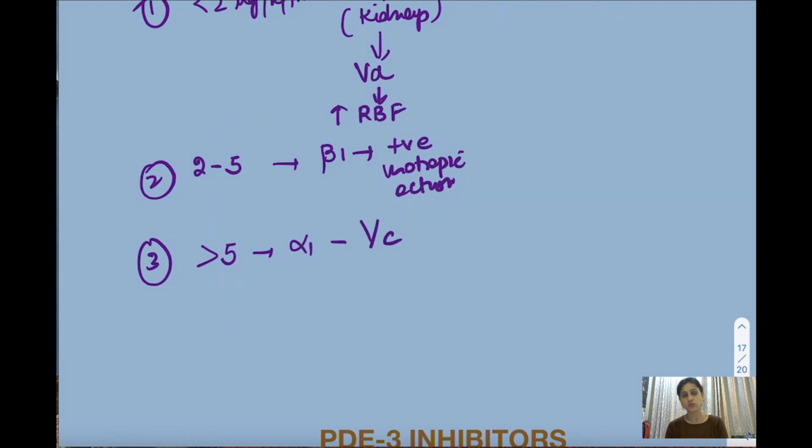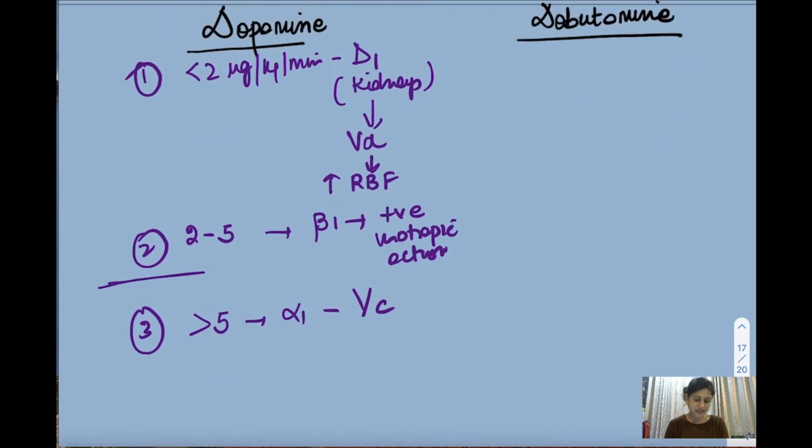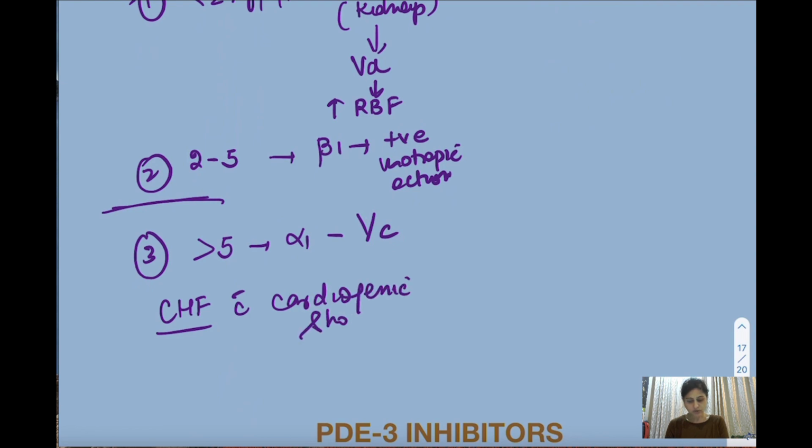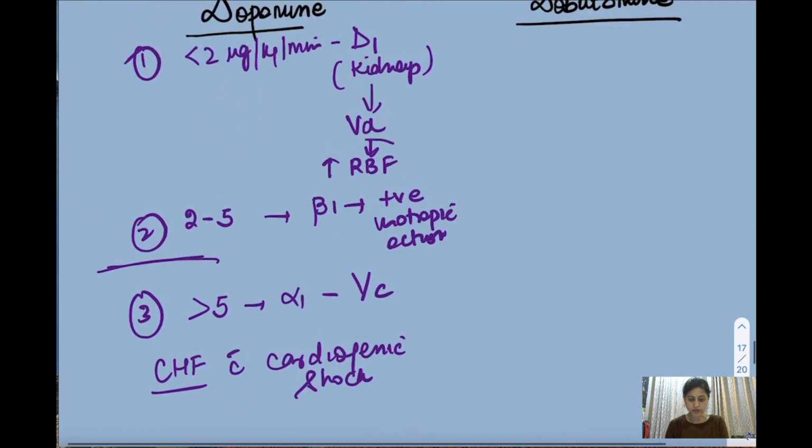That can reverse all the good effects. So we prefer to stay within this particular dose and not go beyond that. Whenever you have congestive heart failure with shock, cardiogenic shock, we prefer this drug because it also increases the renal blood flow.